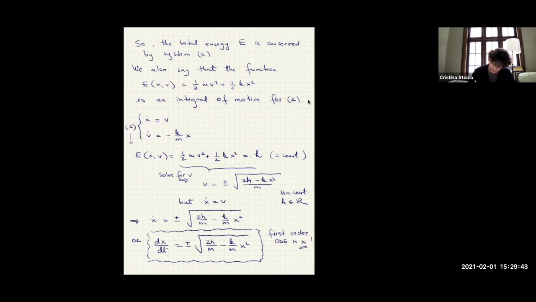So in principle, we can solve this for x of t, and then use this one, let's call it star, for v. I'll do it with green so you see it. So the presence of an integral of motion essentially allows us to reduce the number of equations from 2 to 1.